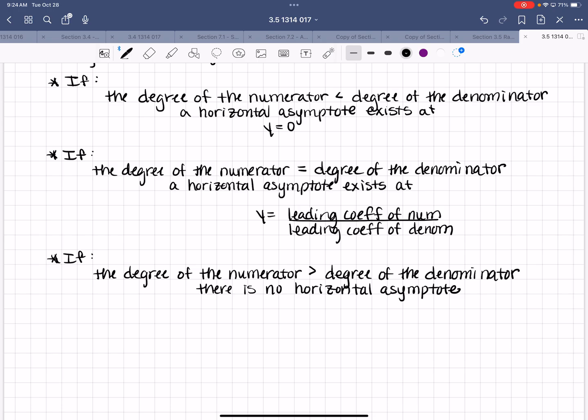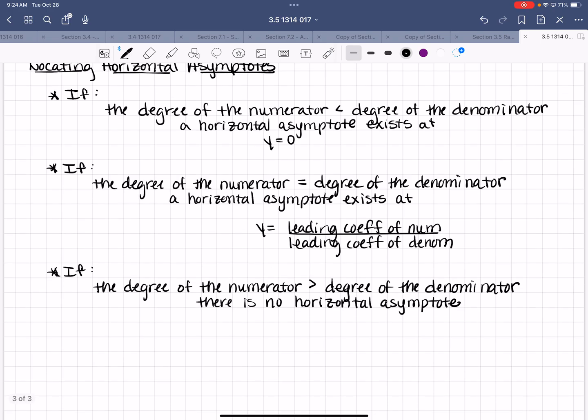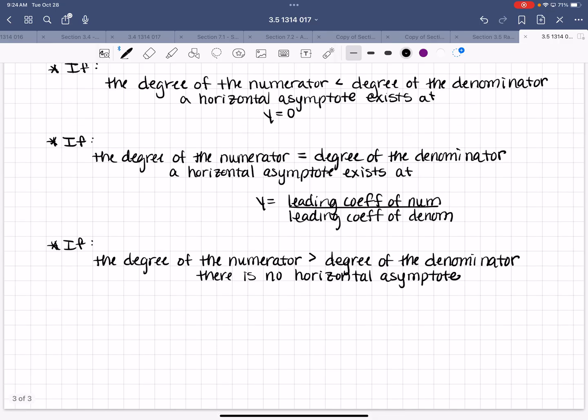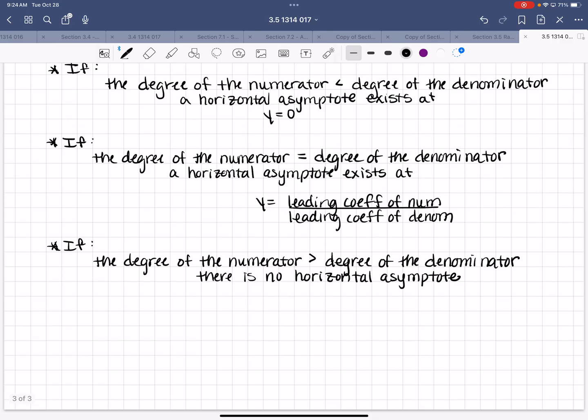Example 3 says, hold on. I'm going to start writing example 3 here, and then I'll move it to the other page, because it's not all going to fit, I promise.